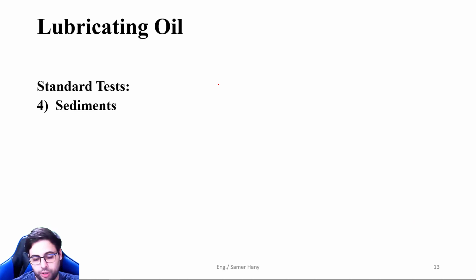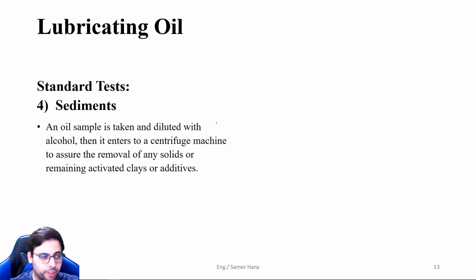All right. So going further, our fourth and last test in here is the sediments test. In here we just measure the impurities, the solid impurities suspended in our oil. And since the oil is of high viscosity, if we wait for these sediments to settle, this will take too much time. So we do two steps here.